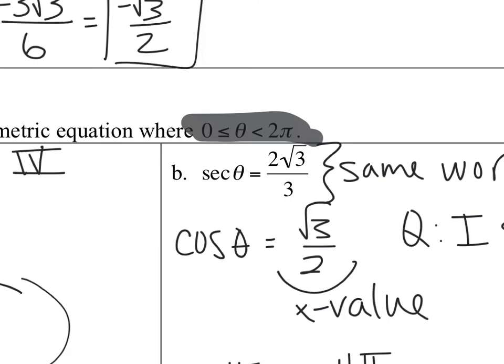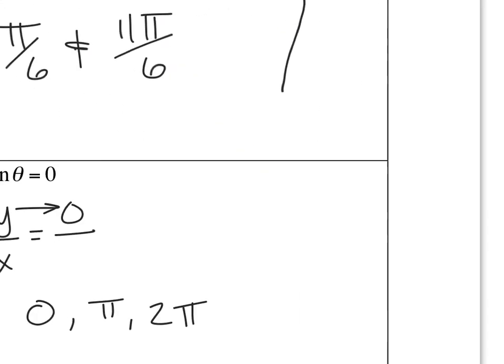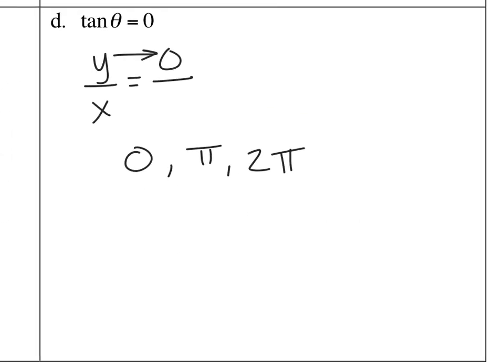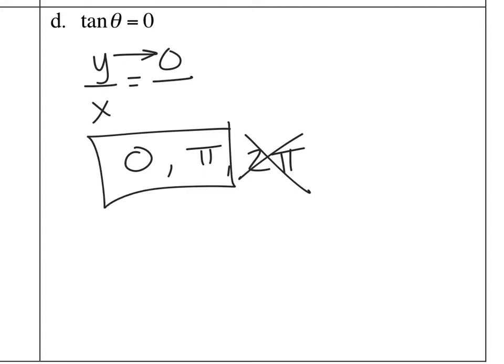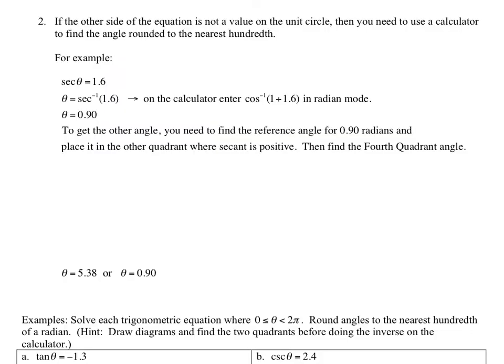So we're only going around once, and we're not going to include the 2 pi. We go up to 2 pi, but not including it, but we will include the 0. So in this problem, we include the first two, but not this one, because that's what our boundary tells us. Because that's where y is.